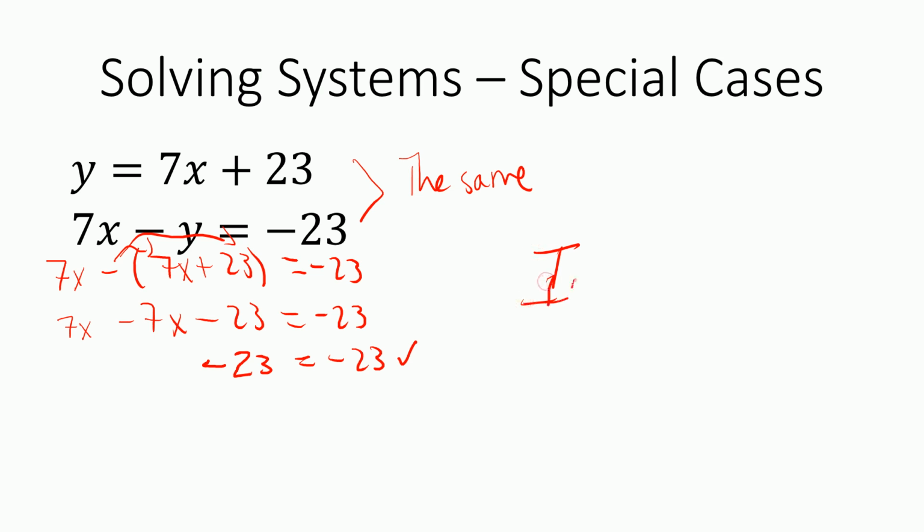Therefore, they're infinite solutions, because all of the points that work for one will always work in the other. So I'd say that it's infinite solutions. And that's always when I end up with an equation that is true no matter what. So if I end up with 0 equals 0, 15 equals 15, 20 equals 20, whatever, that situation, like negative 23 equals negative 23, tells me that there are infinite solutions because these two are actually the same.